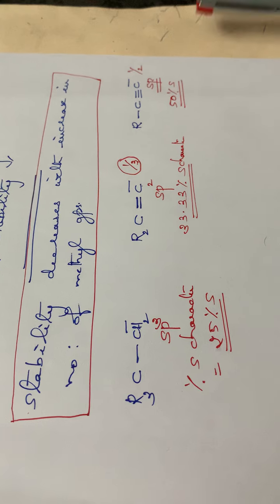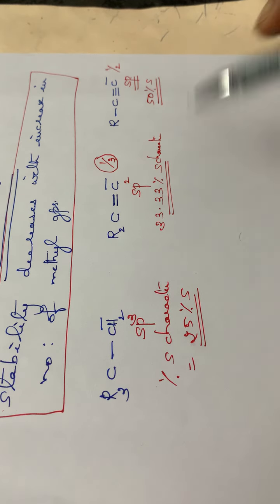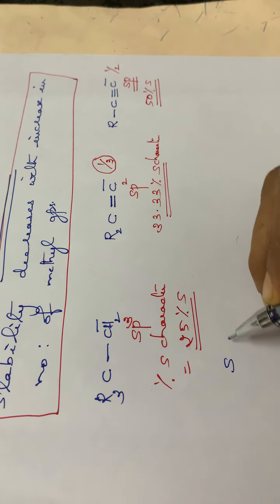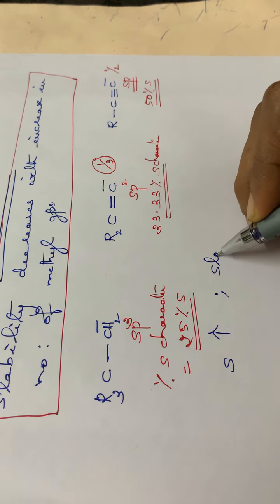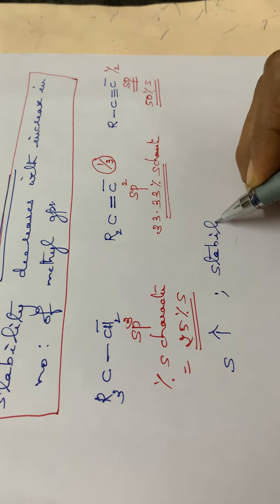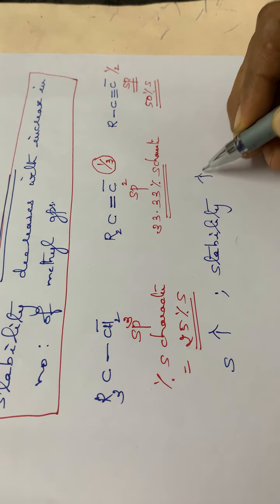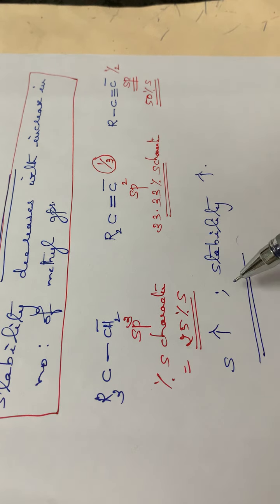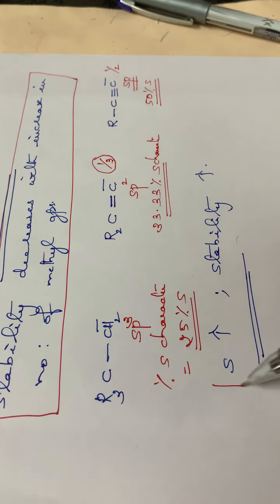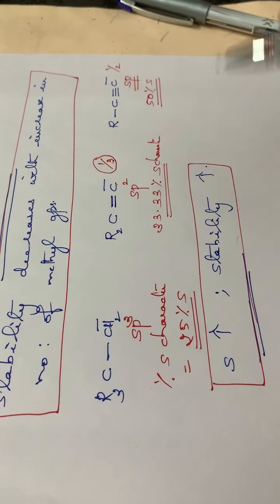Also you have to note down this particular point: as S character increases, stability increases. So how will you explain the stability?